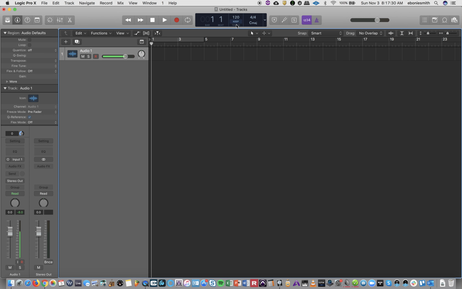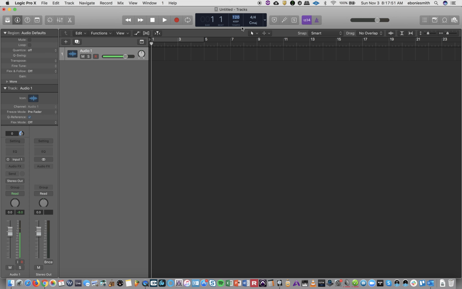We have a time indicator here, and we have this little section here that is telling us the tempo of our composition. You can see that the tempo is at 120.